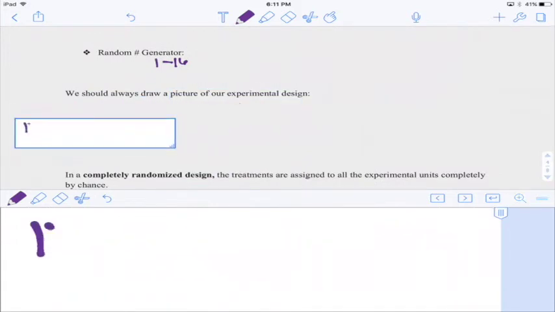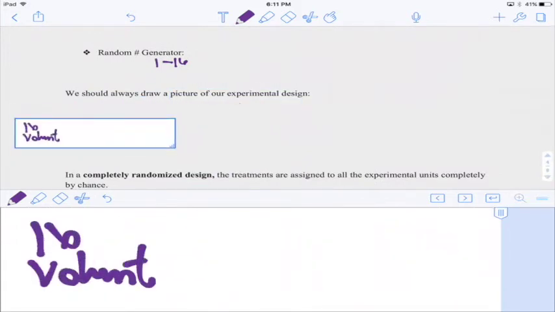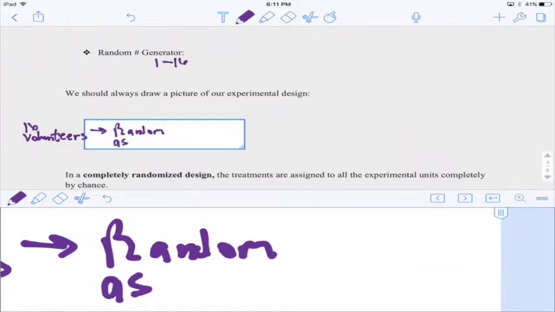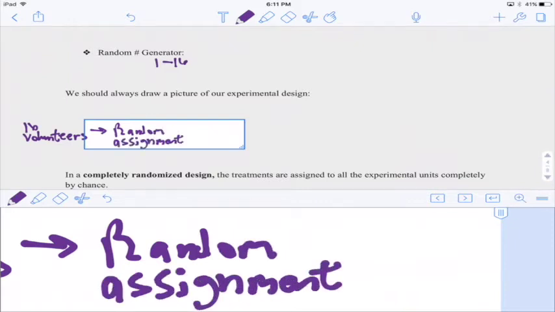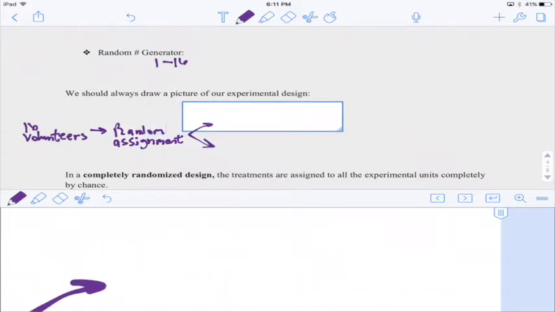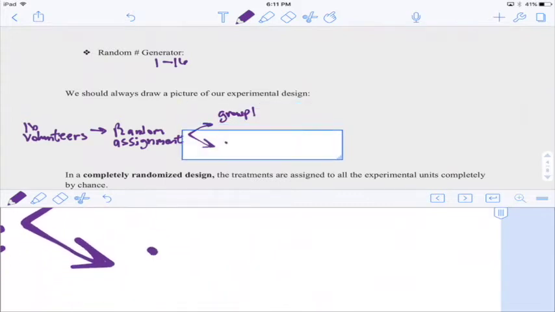So we have our 16 volunteers. We have random assignment. We randomly assign them into group 1 and group 2.